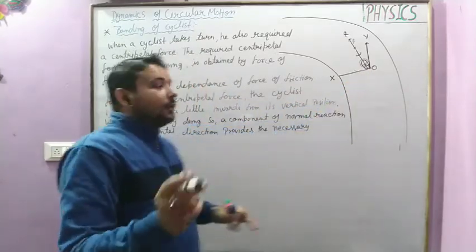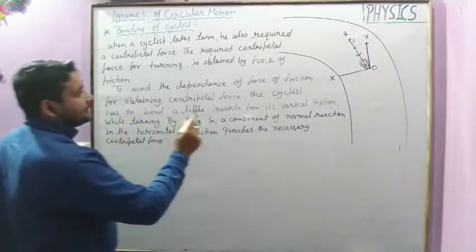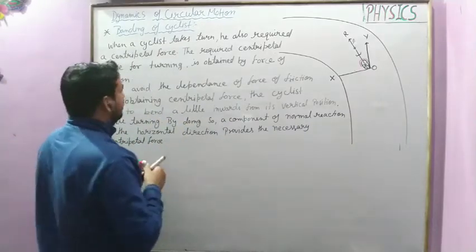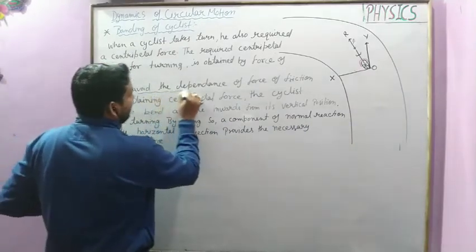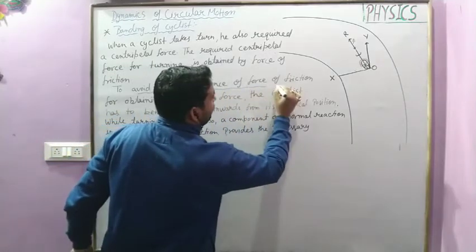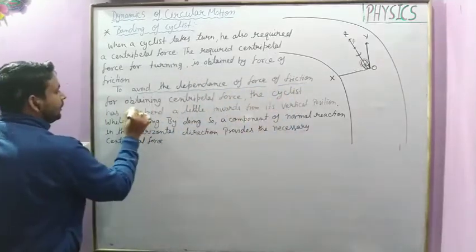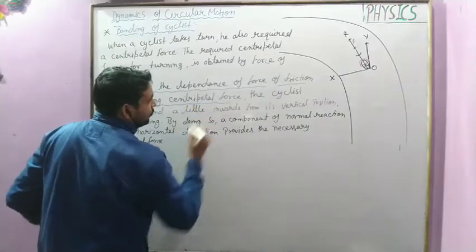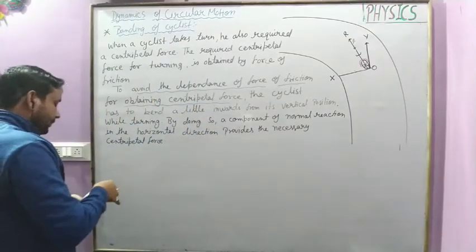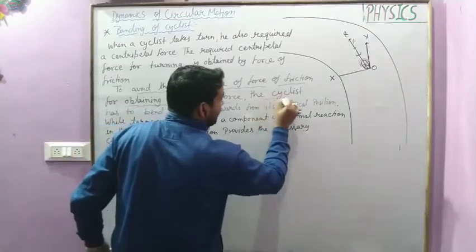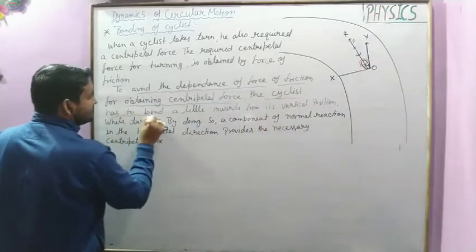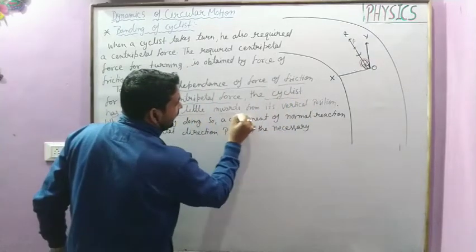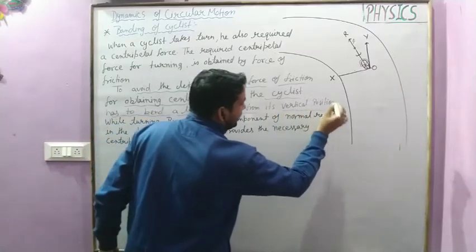So, to avoid depending on the force of friction for obtaining the centripetal force, the cyclist has to bend a little inward from his vertical position.